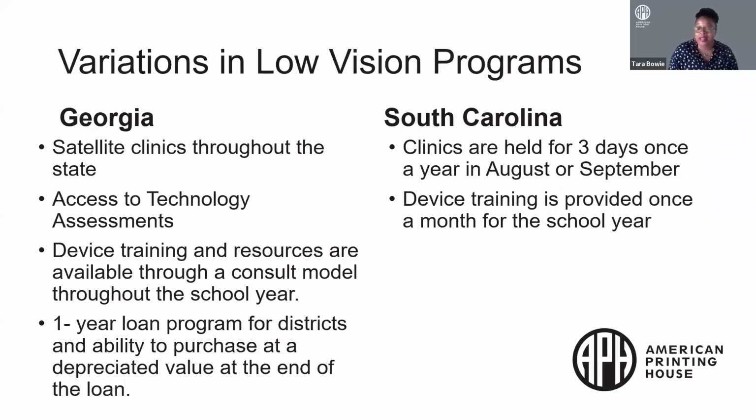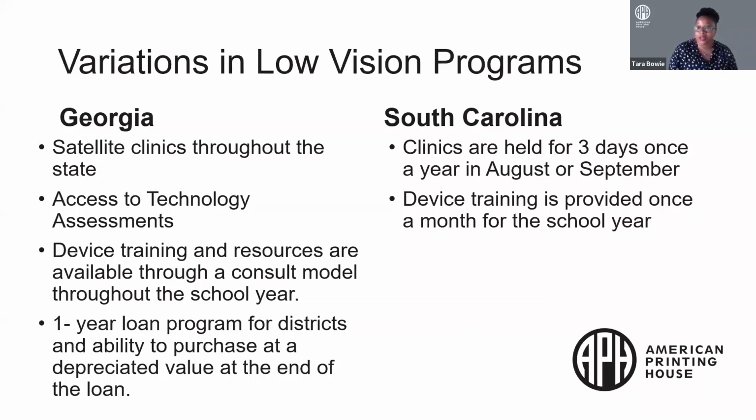So, along with that, because we serve the entire state of Georgia, we have satellite clinics throughout the state. So, although we are housed at Georgia Academy for the Blind and we have a clinic there, we travel throughout the state to have our various clinics, both low vision clinics and eye health clinics. The same is for our access to technology assessments.